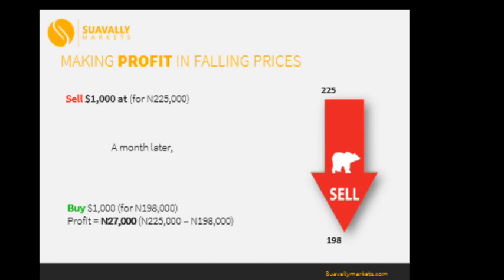In this example, you would have made a profit because what you originally sold your $1,000 for was more naira, 225,000 naira. And now, because the exchange rate has fallen, what you're buying the $1,000 back for is less naira. So you're able to make a profit of 27,000, which represents the difference between the 225,000 and the 198,000.